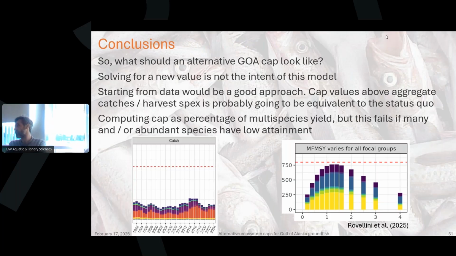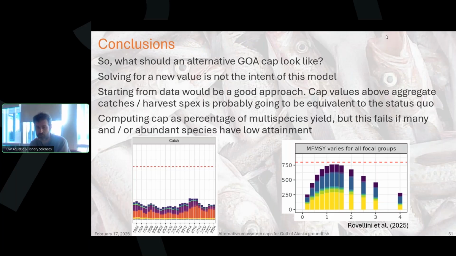Where that kind of crumbles down is for abundant species that have low attainment. So again, rock sole flounder is probably a fairly high contributor to a multi-species MSY, or it would be if you were to take that approach. But then in reality, it's not caught.